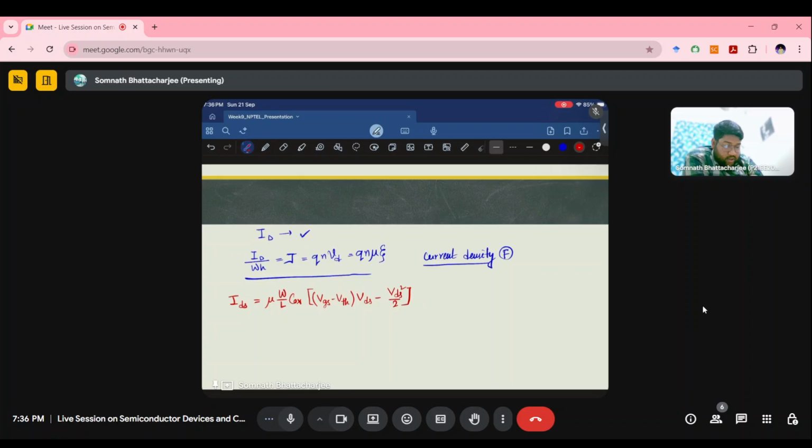So this equation is valid only in the linear region. That means when VDS is less than VGS minus VTH.